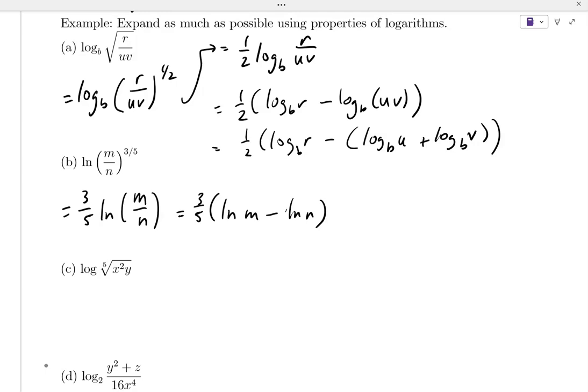When the ln implies that the base is e, we don't write the e there at all. The natural log notation, if you had natural log of x, means the same thing as this. So if you wanted to write it with a base of e, you would actually want to change it to log.